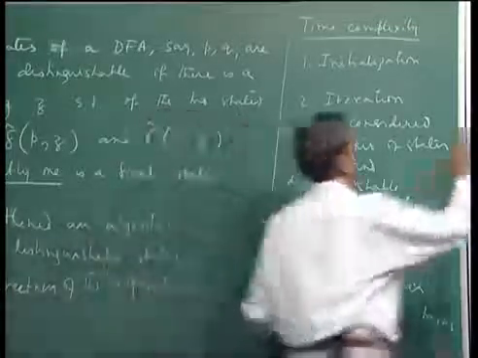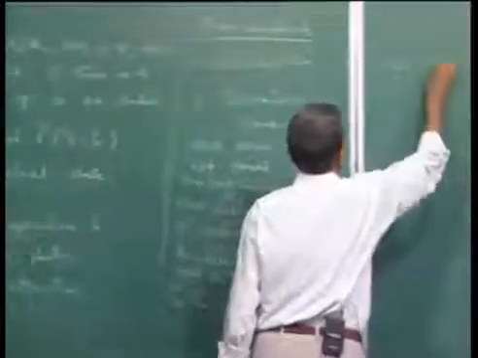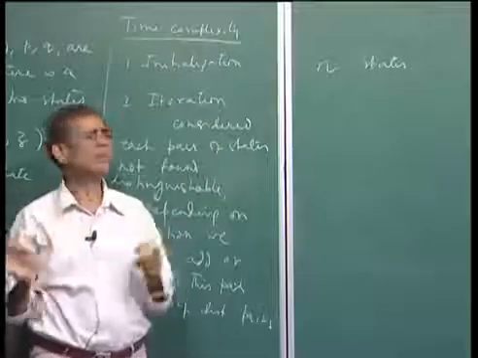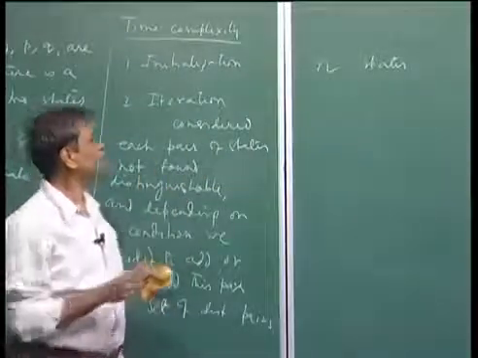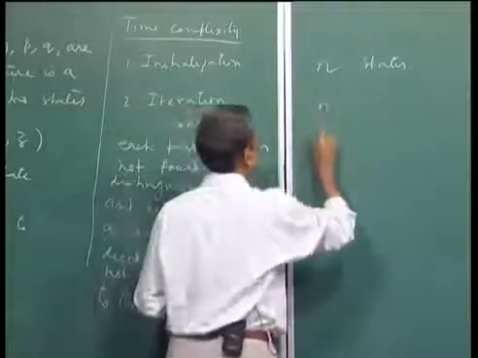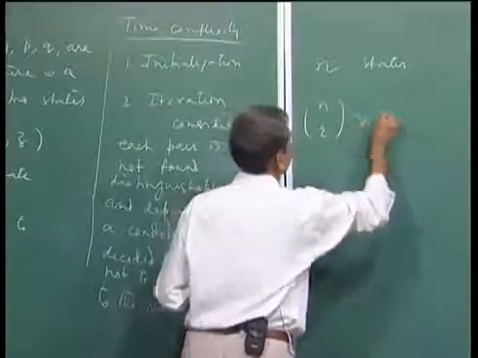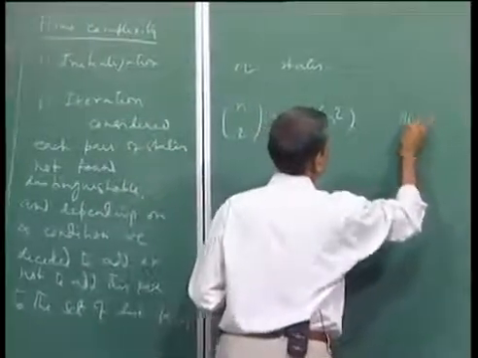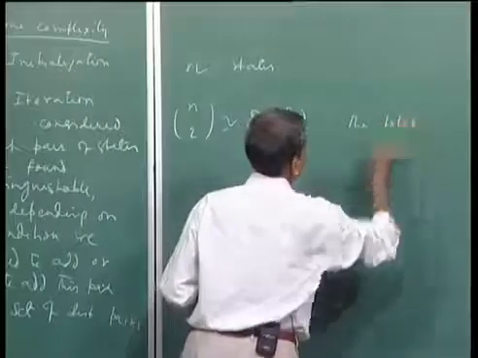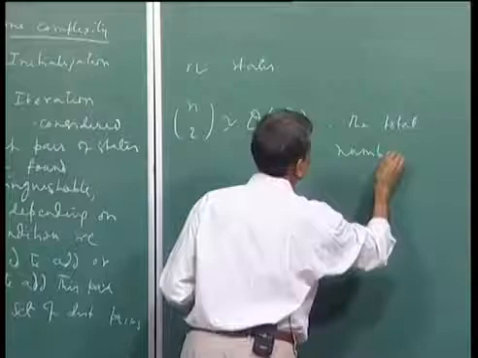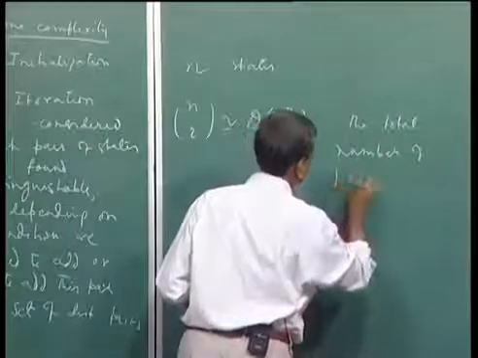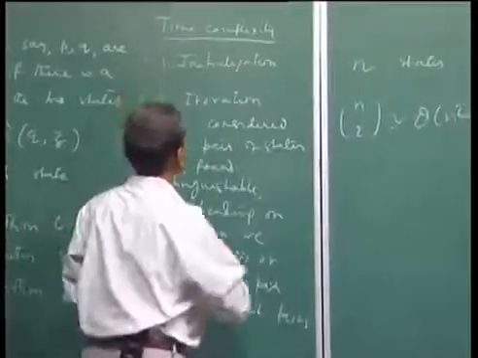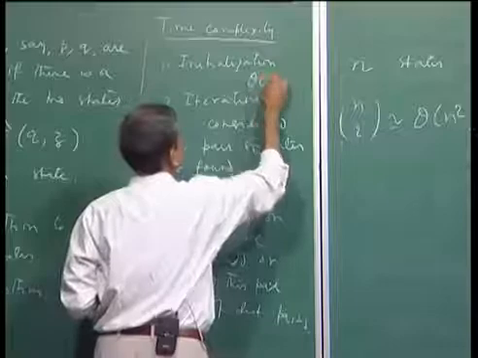If there are total n states, the total number of unordered pairs that are possible of these n states is of course n choose 2, which is order n square. This is the total number of pairs. And in the initialization, in the worst case, it will be about order n square.